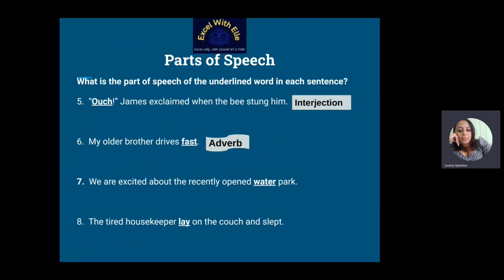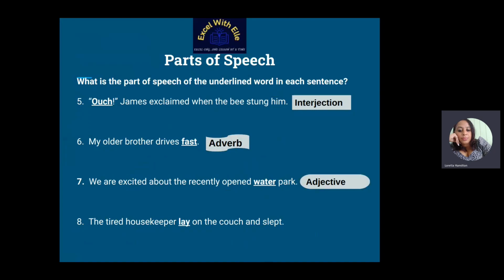And words that are used to describe, we call those words adjectives. So in this case, number 7, water is an example of an adjective and not a noun. And what makes it an adjective is strictly its function, in that it functions to describe the noun park.